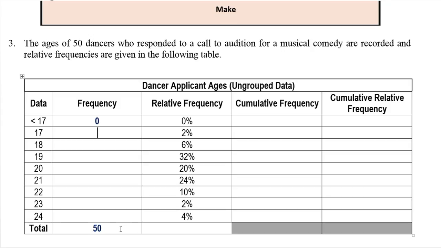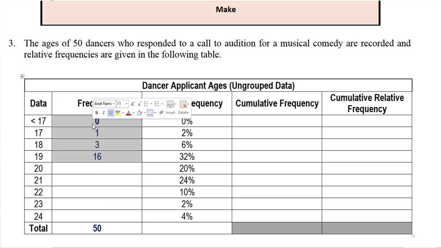Okay, times 50, how many is that? Just 1, isn't it? Okay, and then this would be 3, 16, and so forth. So you can fill that out once you finish it.